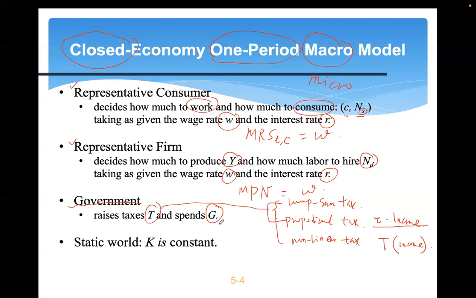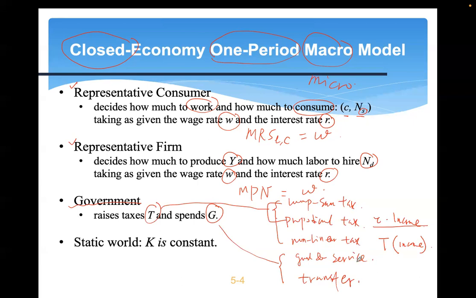Now, regarding spending, what is the government spending? So usually there are two types of spending. One is the purchase of goods and services. The other is transfer. Okay, so what's the difference?